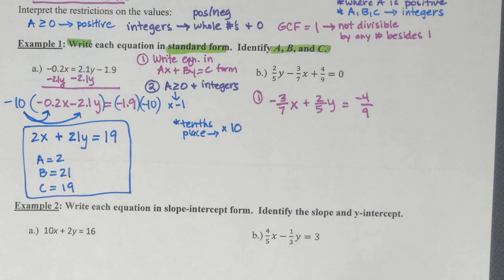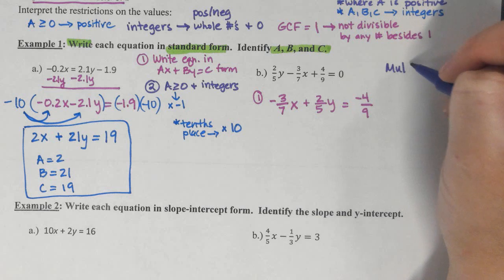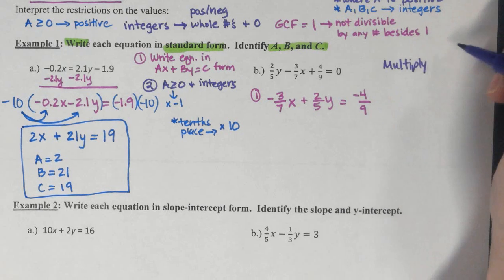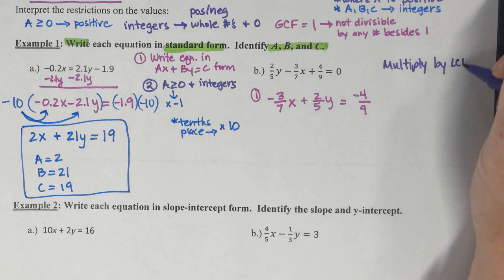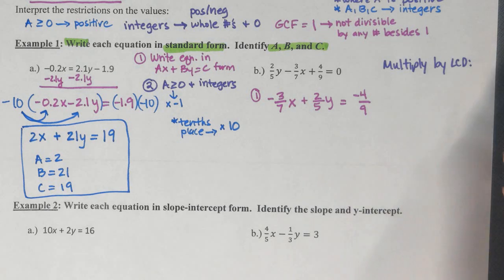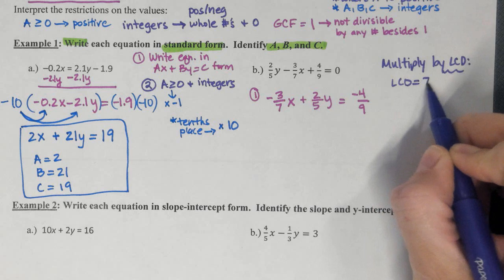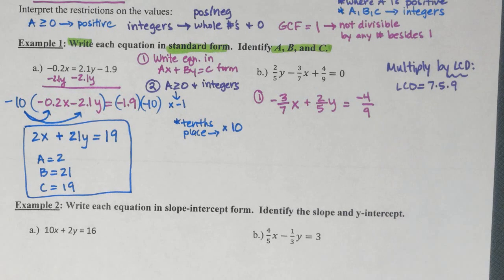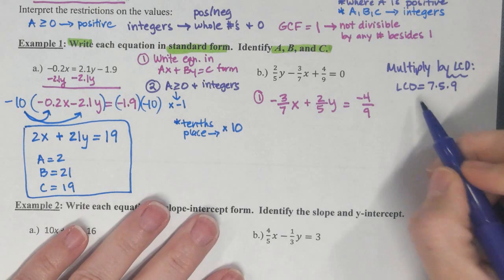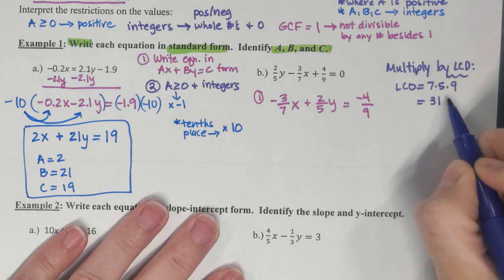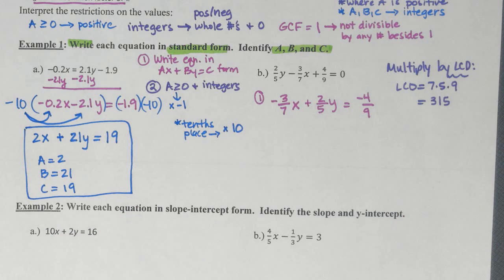So we're going to multiply by the LCD, the least common denominator. Okay, so to get the LCD, we're just going to multiply 7 times 5 times 9. When you multiply, you get 315.